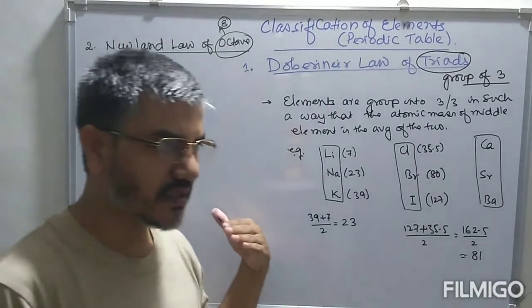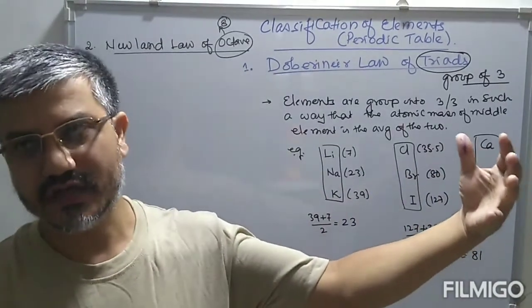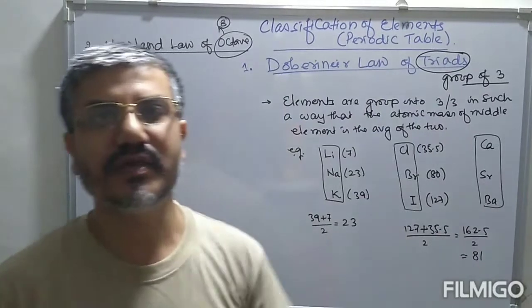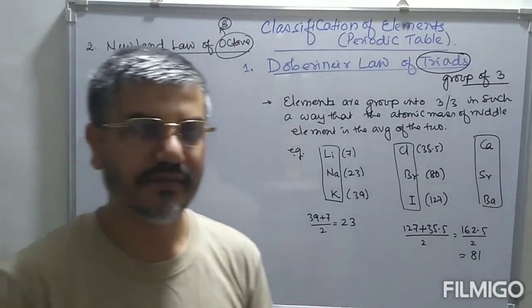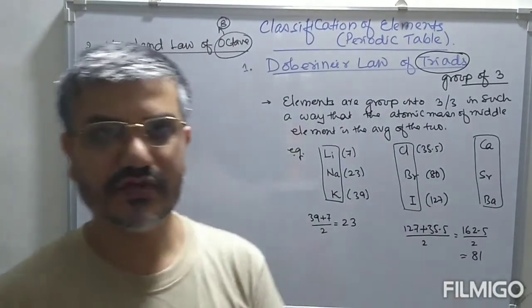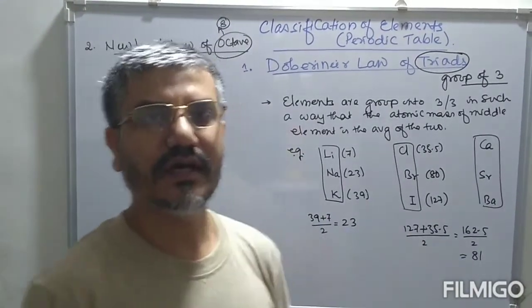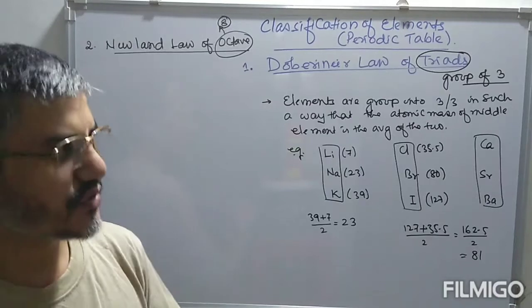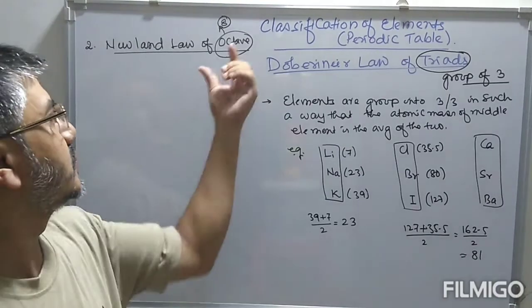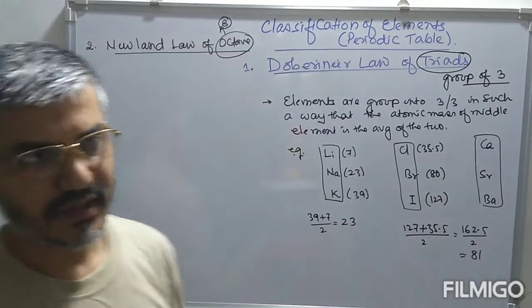every 8th element is found to have properties similar to that of the first element. So there is a repetition of the properties after every 8th element. This repetition gives rise to the law of octaves.